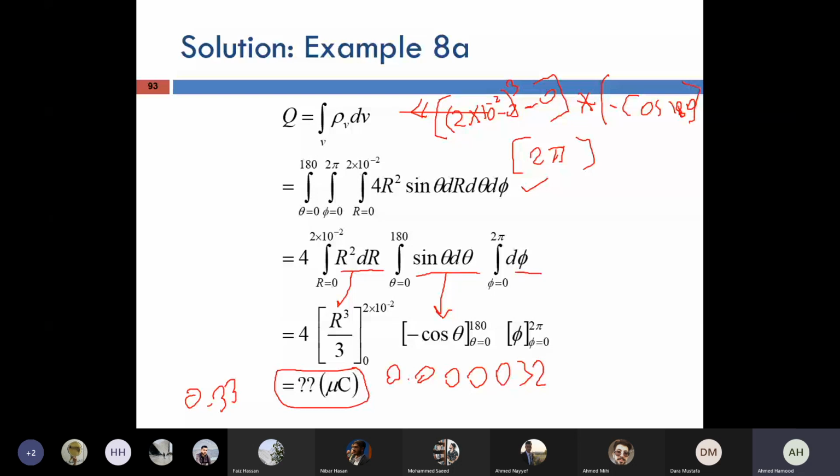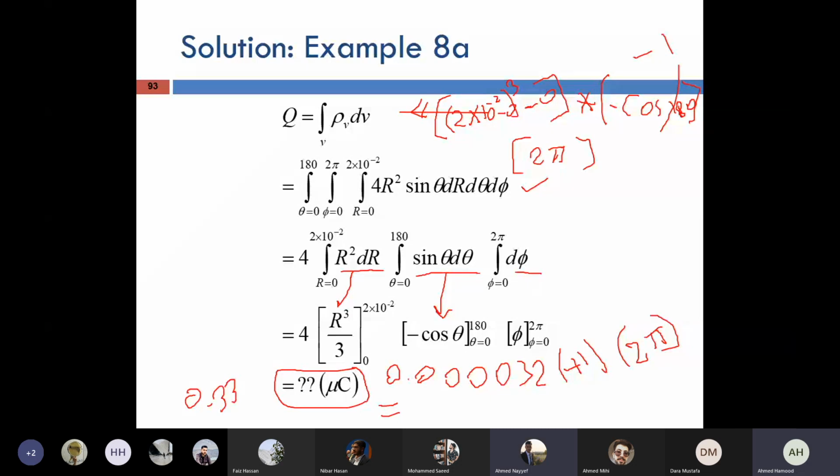Multiplying by cosine 180. Okay, cosine 180 is equal to -1. So this is equal to -1 multiplying by -1, +1. Okay, no problem. So we have +1 here, multiplying by 2 pi, which equals what?